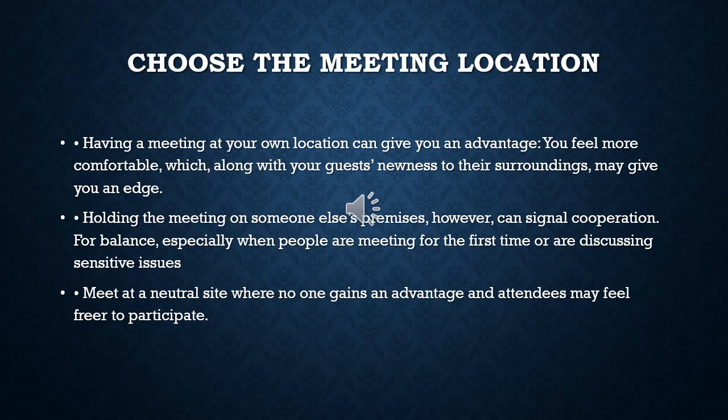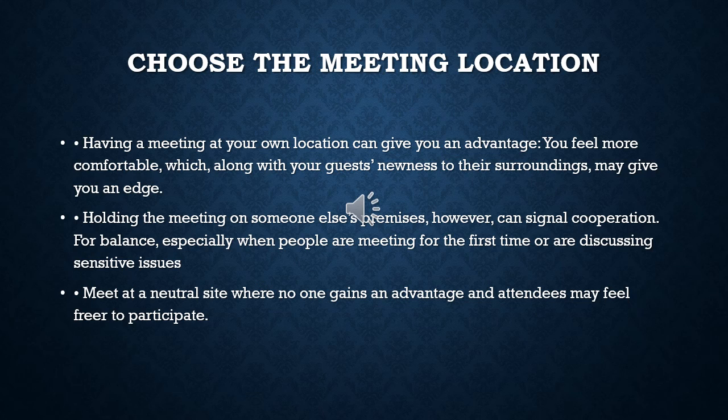Then if the meeting is being conducted with other parties, there are 3 points. First, you can ask them to come to your location. That would be comfortable for you because you'll feel good, comfortable and confident in your own place. Another scenario is that you go to someone else's premises to conduct a meeting.